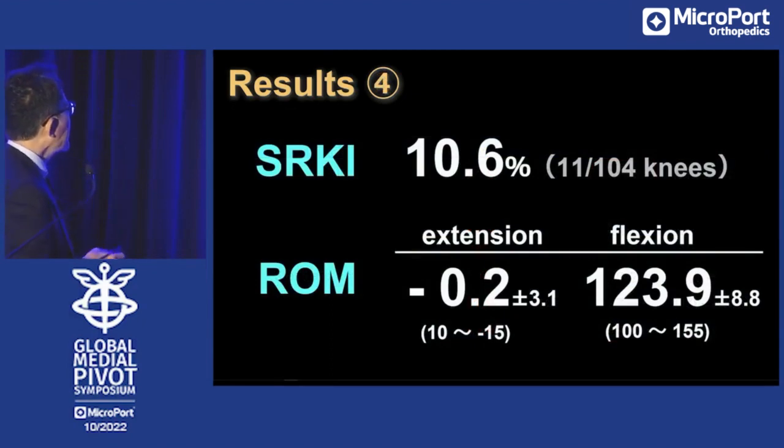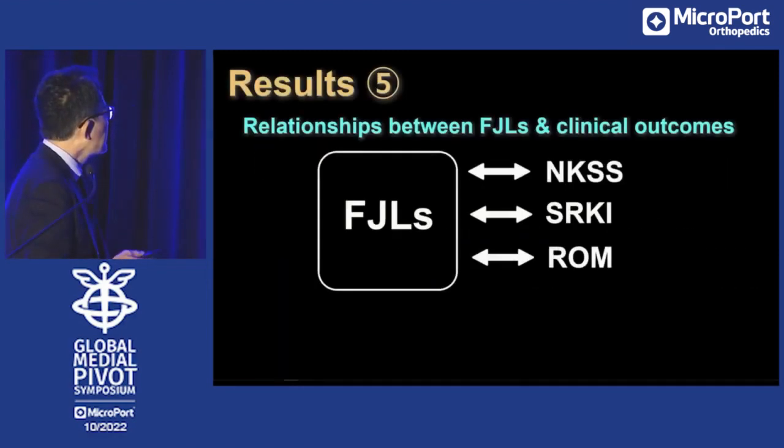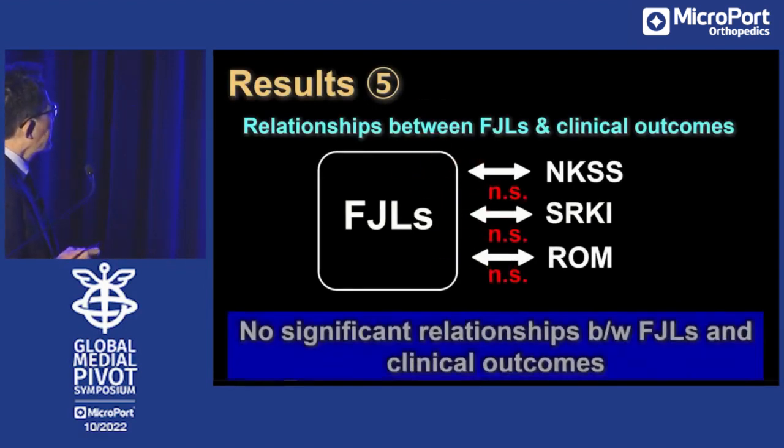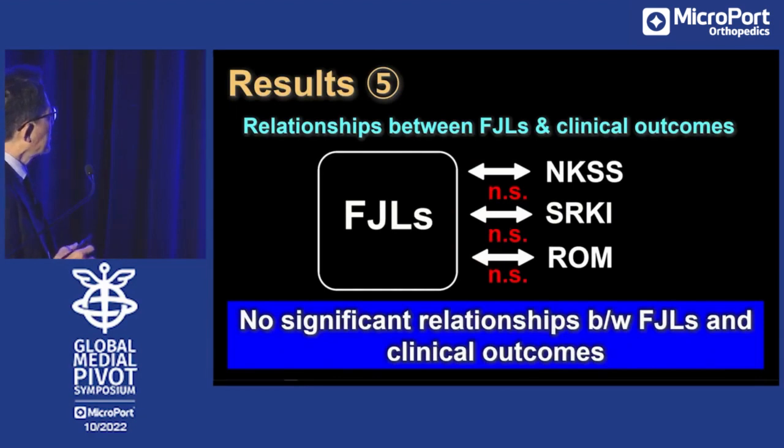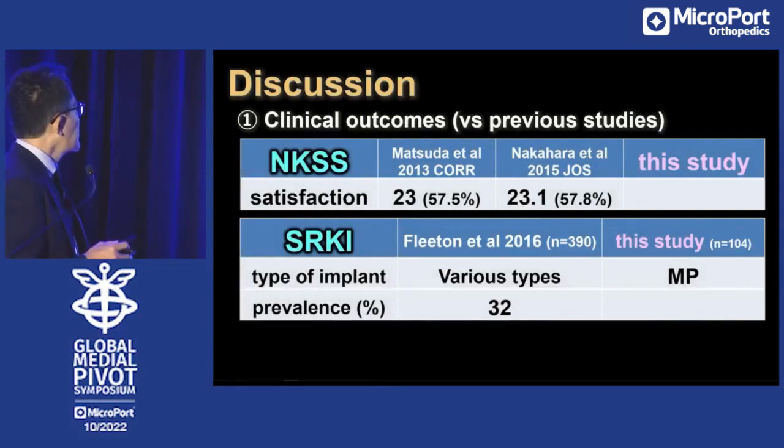Self-reported knee instability was positive in 10.6% of knees, and the maximum extension and flexion angle was almost zero and 123.9 degrees respectively. We could not find any relationship between FJLs and those clinical outcomes.